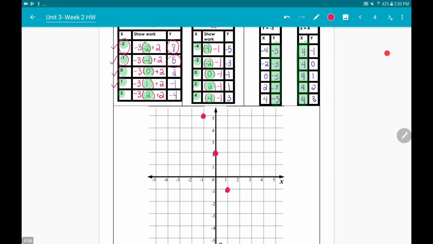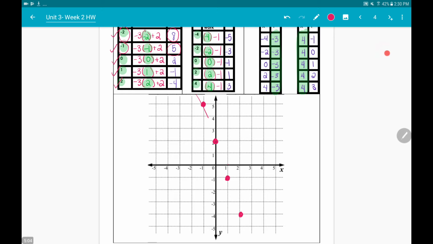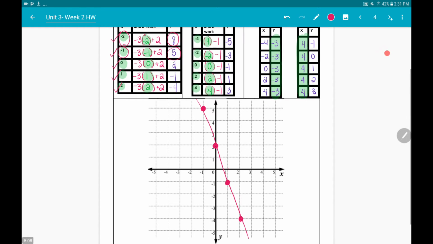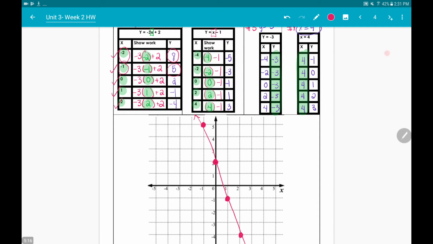And 2, -4 is here. Okay, so now I'm going to go ahead and connect. And don't forget, when I connect, I have to put my arrows. And in addition to my arrows, I need to label the graph. So this graph is y equals negative 3x plus 2.